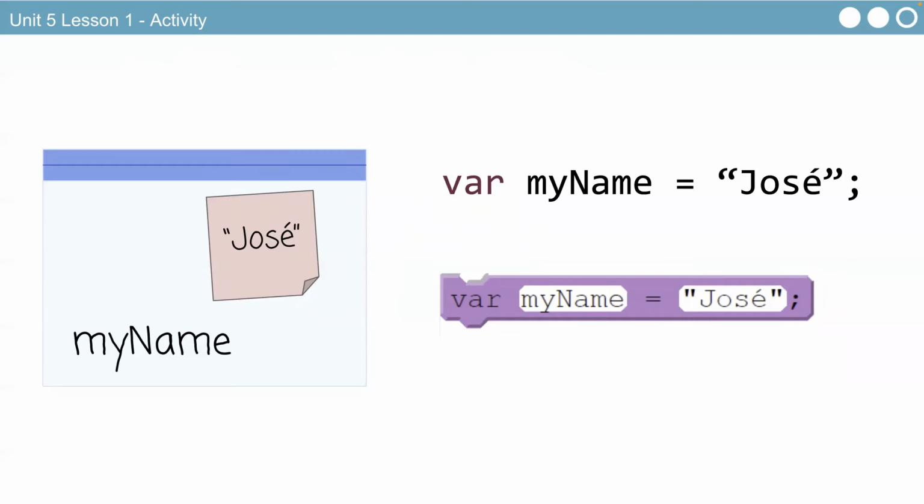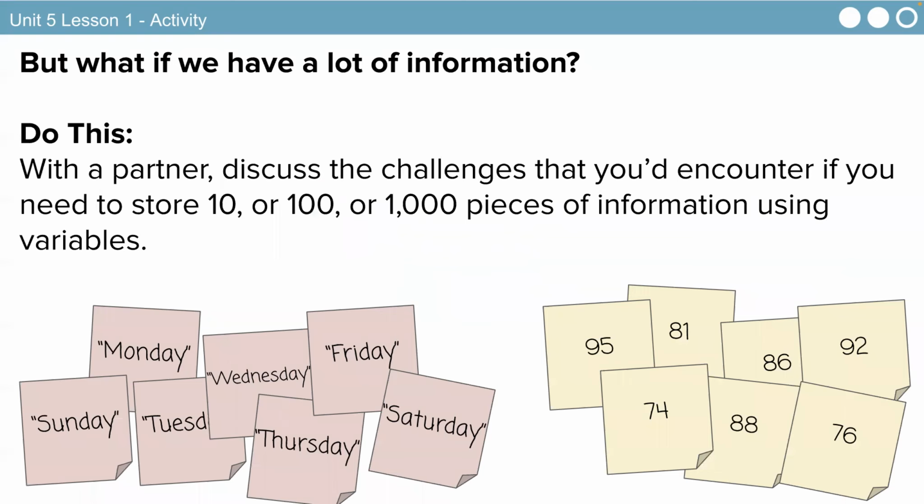But you already know this part. You already know that variables are the baggies, and you can put a value in a variable. If you reassign a value to the baggie, whatever's in it gets thrown away, and you put the new value in it, right? And so, what if you have a lot of information?